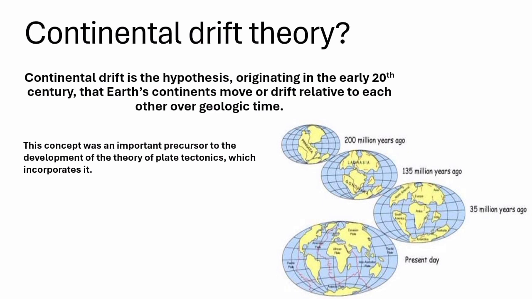So, let's start. The drift theory mainly holds that the continents present today were part of a supercontinent, Pangaea, which split billions of years ago. So it's really necessary for us to know about the history of the Earth.